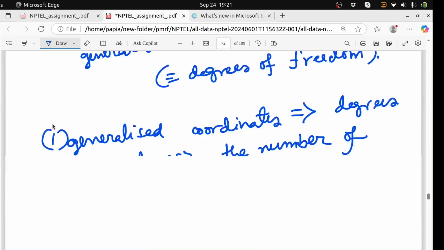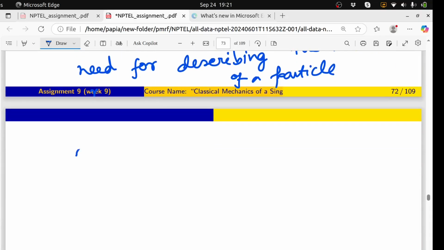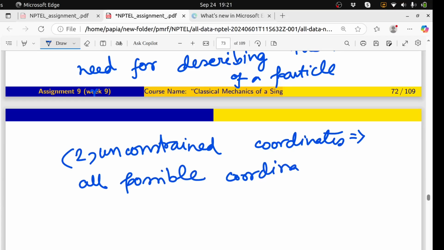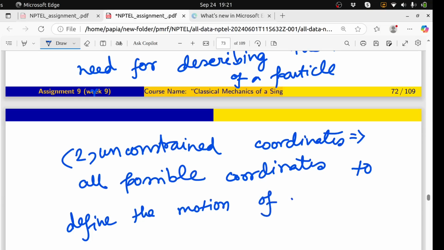Now coming to the unconstrained coordinates. This is nothing but all possible coordinates to define the motion of a particle.